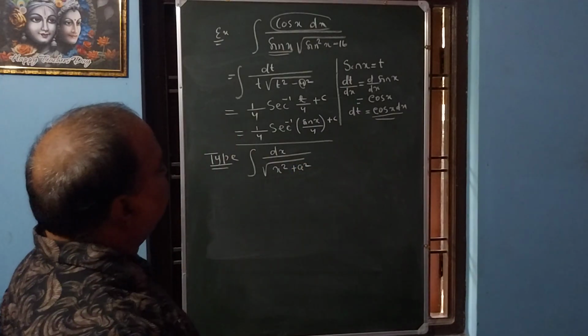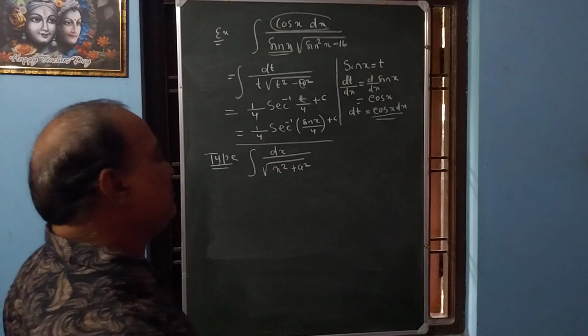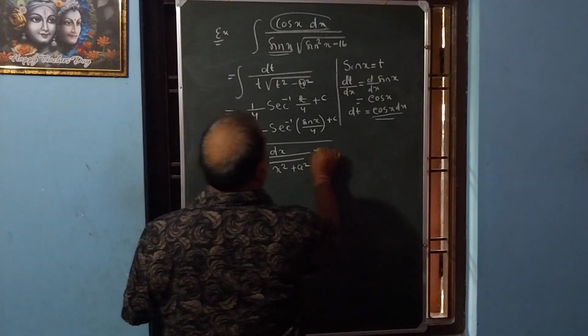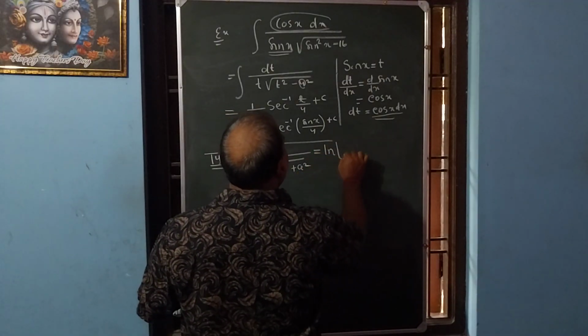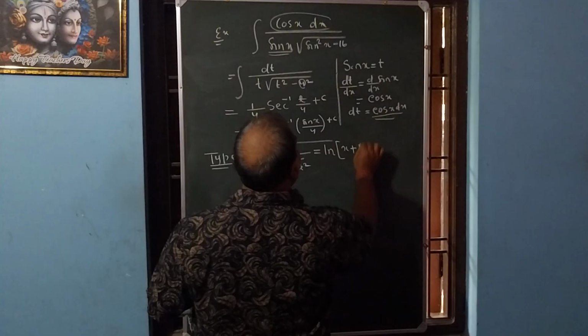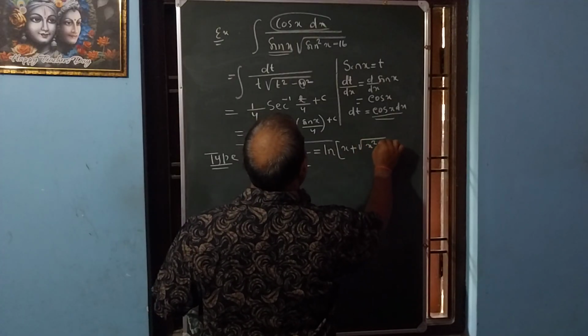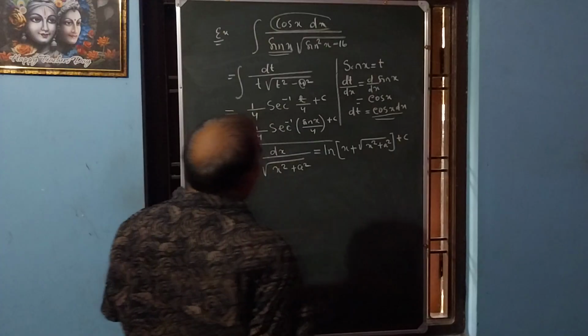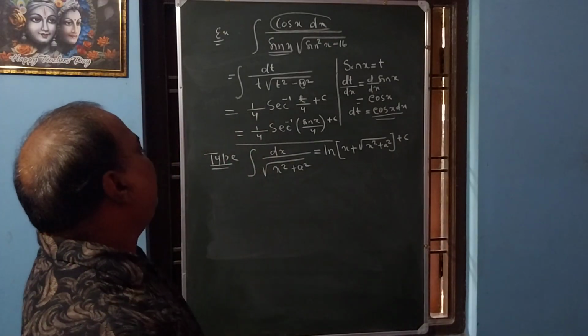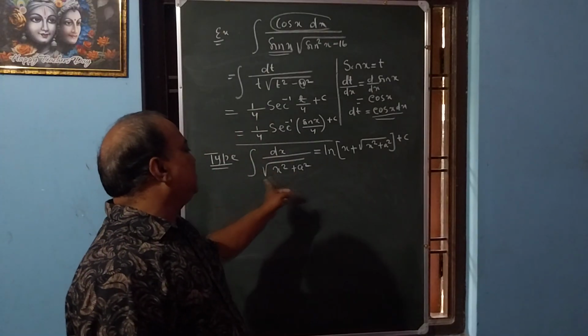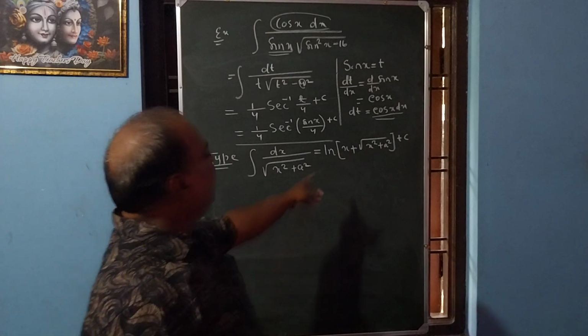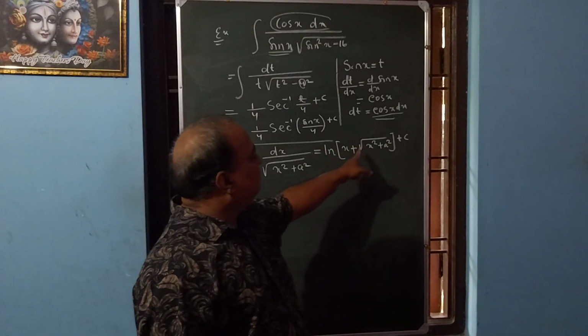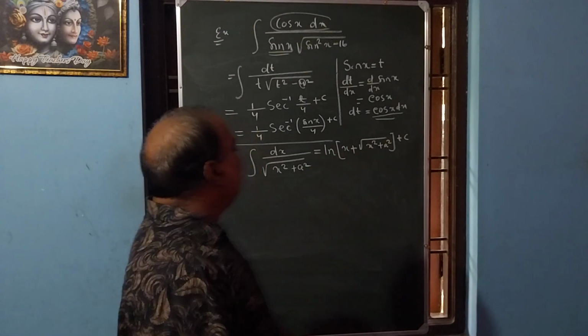The integral value becomes ln of x plus root over x square plus a square, plus c.